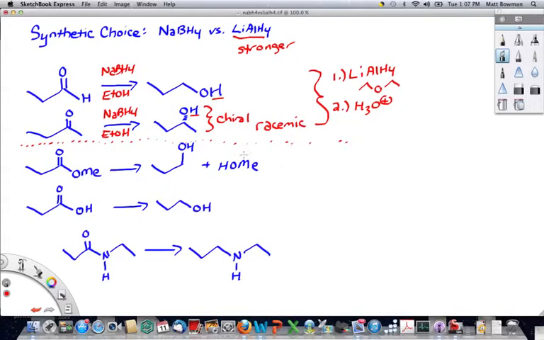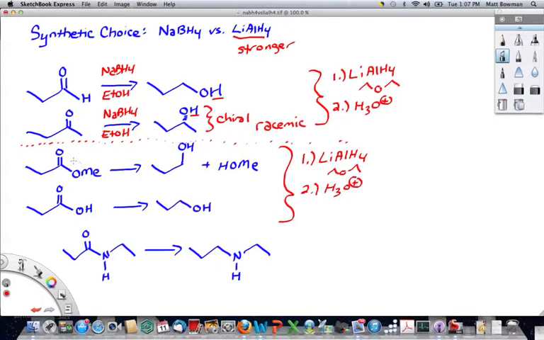Esters, carboxylic acids, and amides are not readily reduced by sodium borohydride. Instead, you really have to use the two-step procedure of lithium aluminum hydride in ether, followed by an acid workup step.